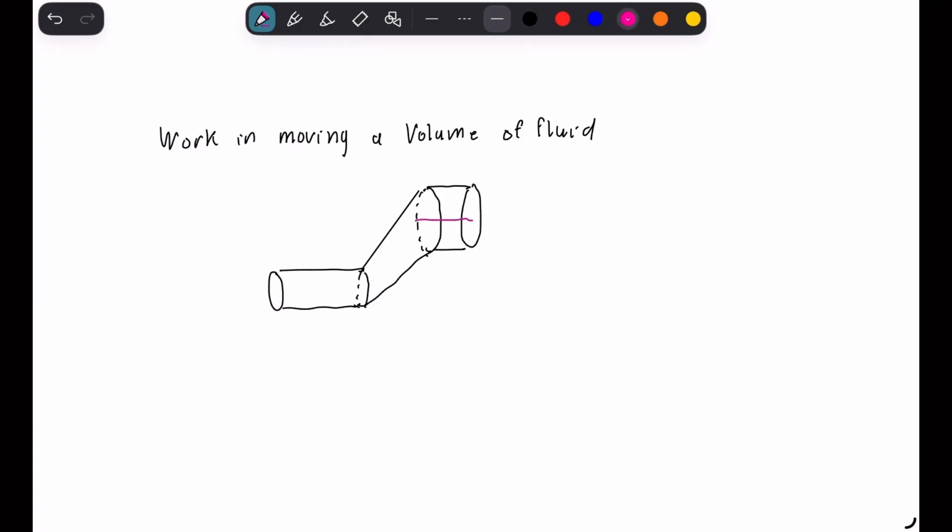So this we're going to call P2. We're going to call this cross-sectional area A2. We're going to call this A1. And we're going to call this direction P1.